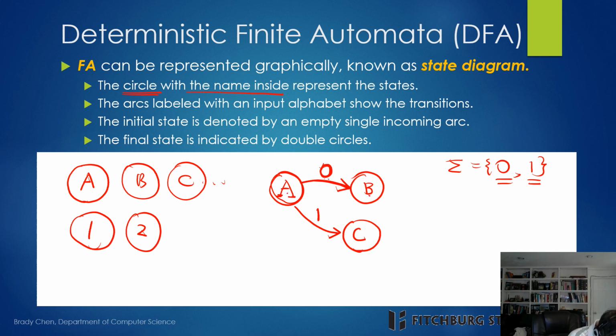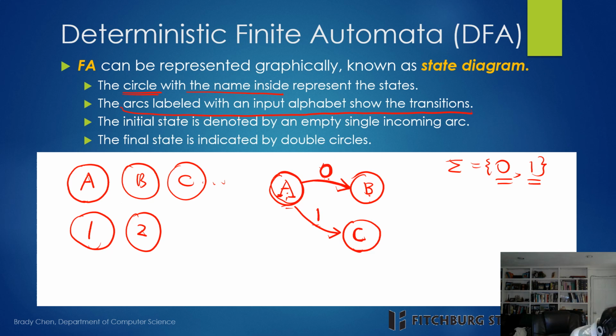If it's A combined with 0, that's B. A combined with 1, that's C. That basically defines the transition function. So the arcs labeled with the input alphabet show the transition.